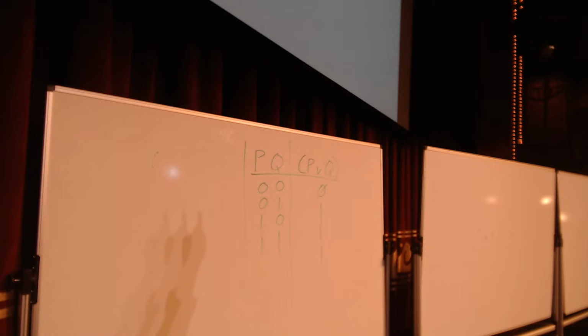The only time I'm a liar is this combination number 3. If you get the straight A's, but guess what happens? No car. That would be the only time I failed to keep my promise. And then, of course, the 4th situation, if you get the straight A's, and I buy you the car, then the conditional is true. The promise has been kept.